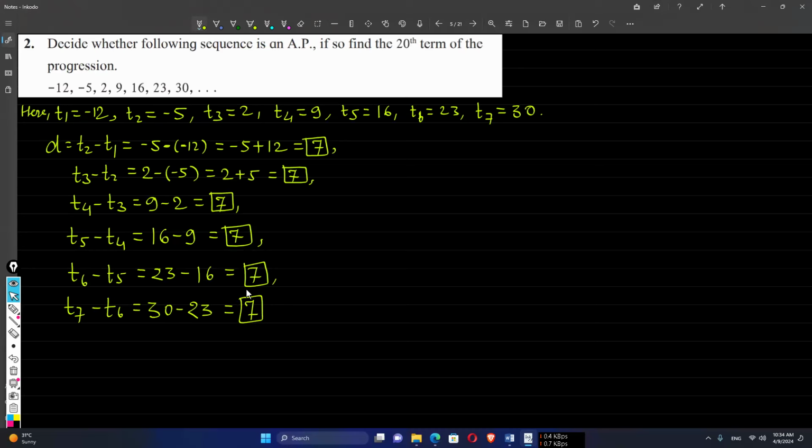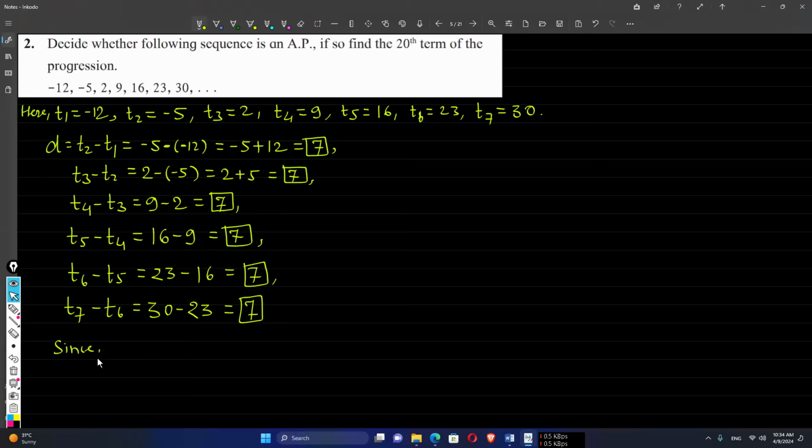So you can observe here the common difference between any two consecutive terms in this progression is the same, which is 7. Therefore, the given progression is an arithmetic progression.